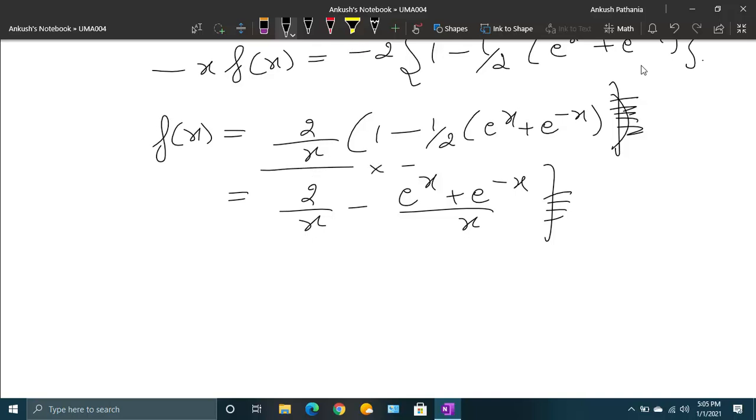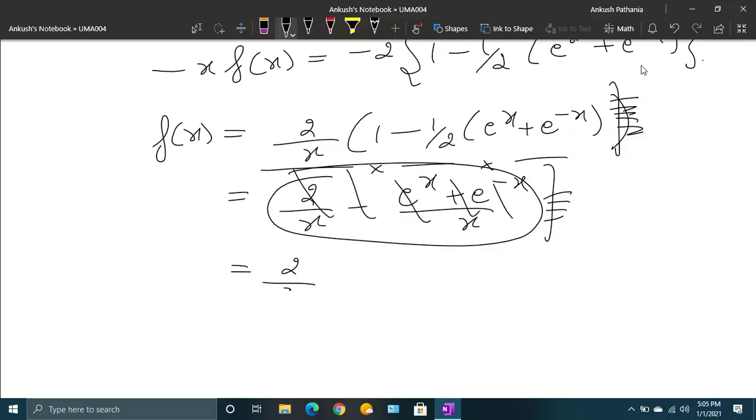So this is how we can solve these questions. In the final step, I was just trying to correlate it with the hyperbolic function, and that you can do. This is 2 upon x times 1 minus cos hyperbolic x. You know, cos hyperbolic x is (e^x plus e^minus x) by 2. So this is also a form you can write.